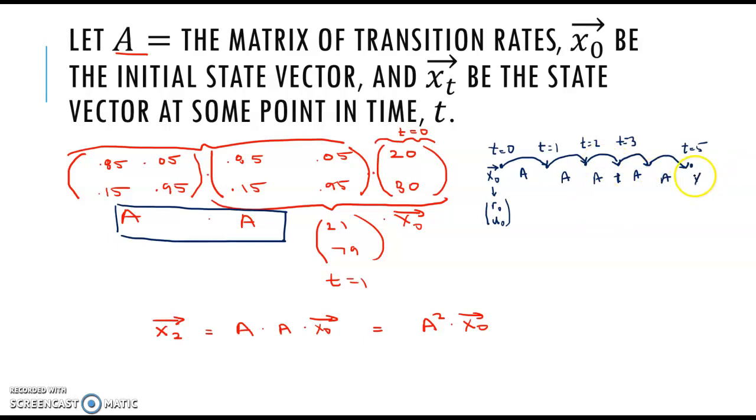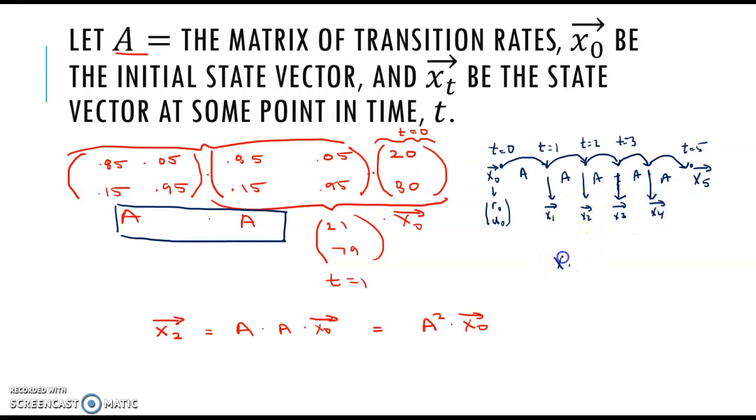So we should be able to say that to get to x5, we could repeatedly multiply by A, generate the output vector. So here we're going to get the x1 states. We're going to take the x1 states, multiply them by A. Those will give us the time 2 states, and so on. This will give us the time 3 states and the time 4 states. And finally, the one that we want, the time 5 state.